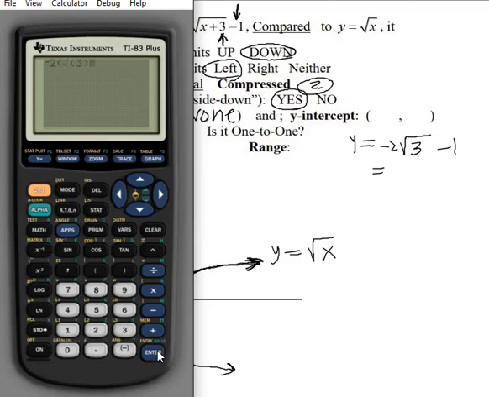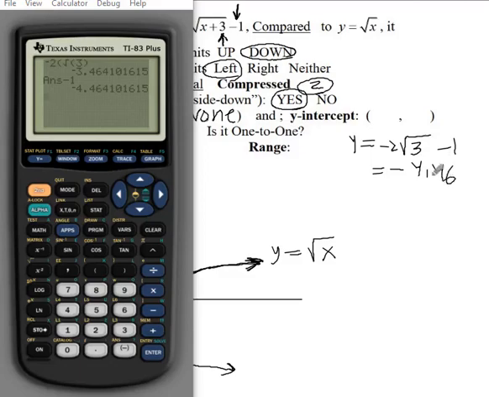So that would give me -3.46, and then write -1. So that would be about -4.46.